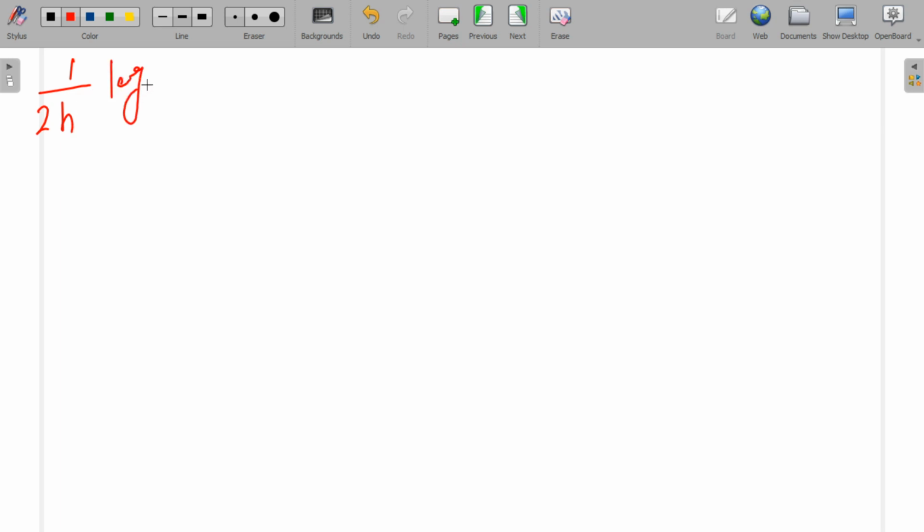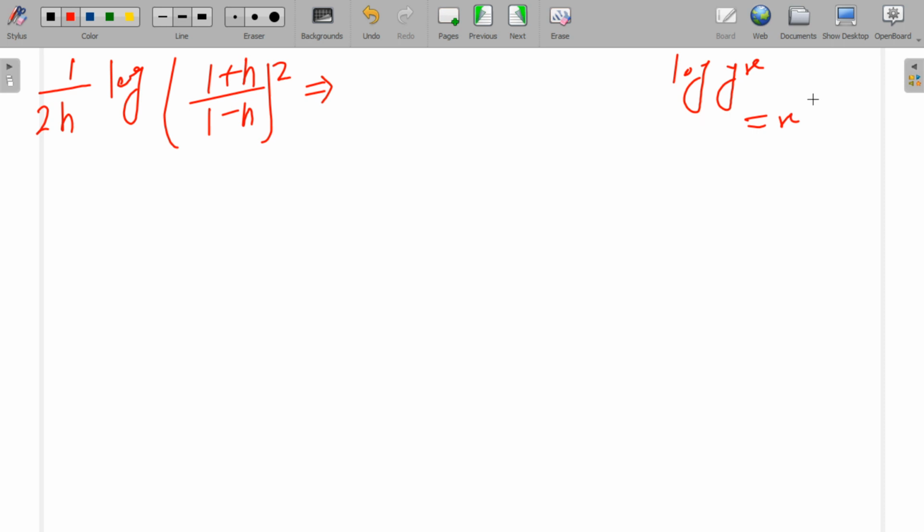log of (1 plus h) divided by (1 minus h), complete square. Okay, again by using the log property, we know very well log y to the power x is equal to x log y. I am using this property.